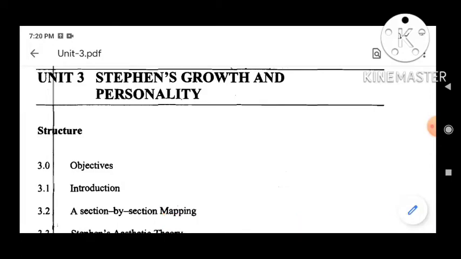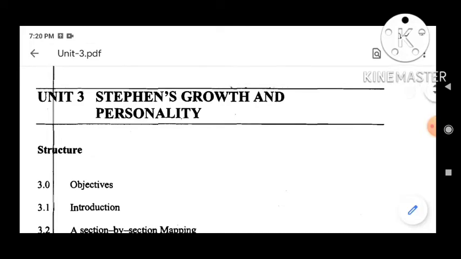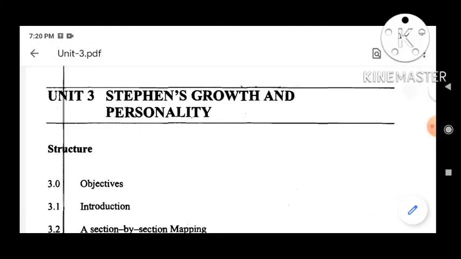Okay, so we will study today Block 7, Unit 3 of the British novel, first year British novel, that is Unit 3 of Block 7, A Portrait of the Artist as a Young Man. Already I have covered Units 1 and 2.